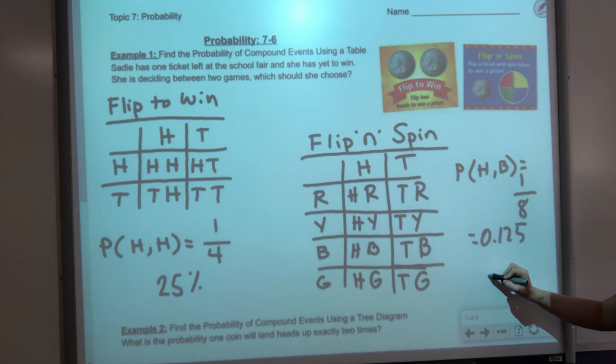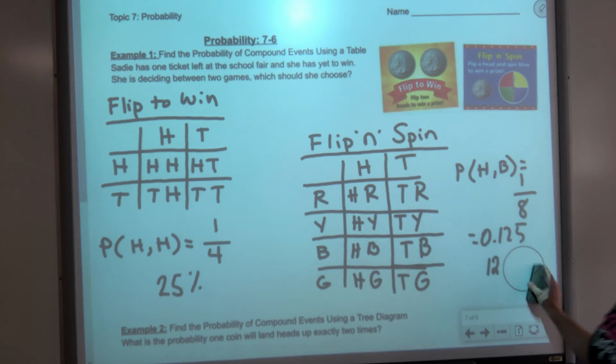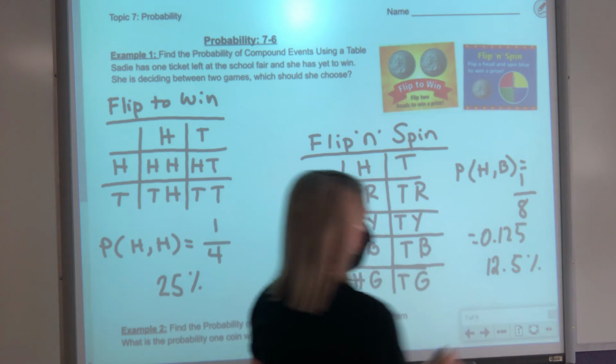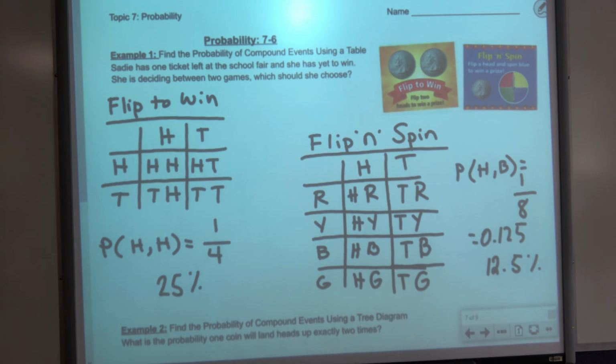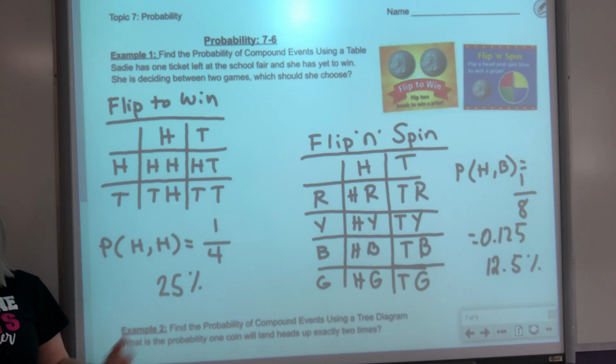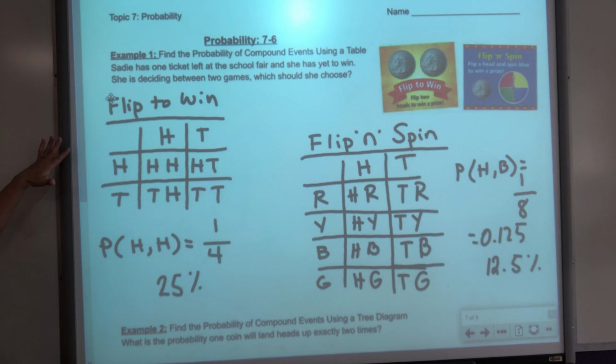So as a percent, it's about 12.5%. So not only are we finding the outcomes, but then we're finding the probability of our outcomes. So that's using a table.